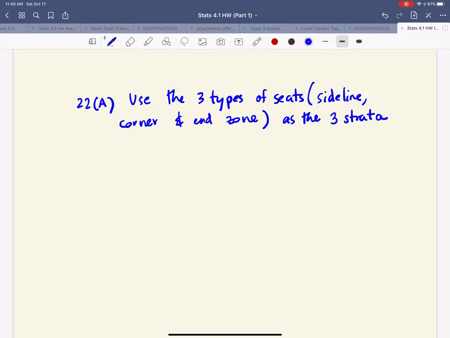And the reason why is because the ticket price differs between the 3 types of seats.